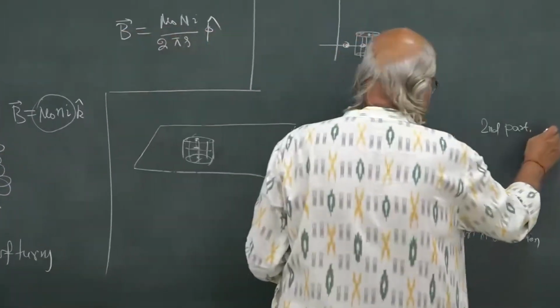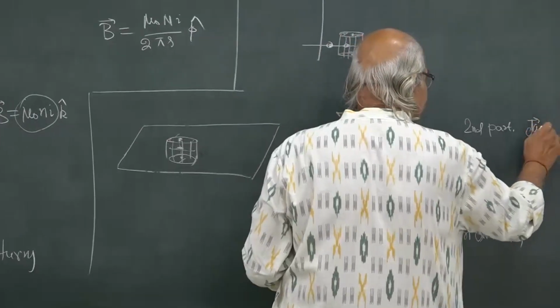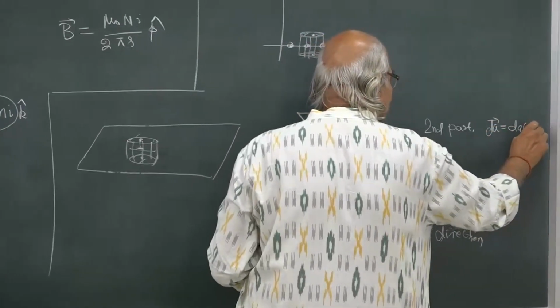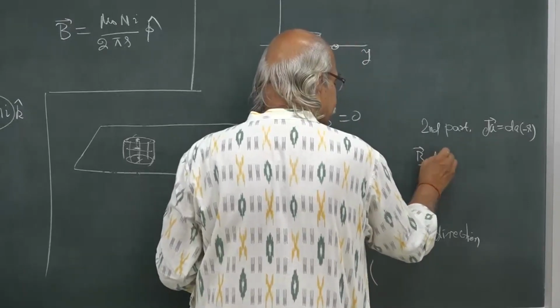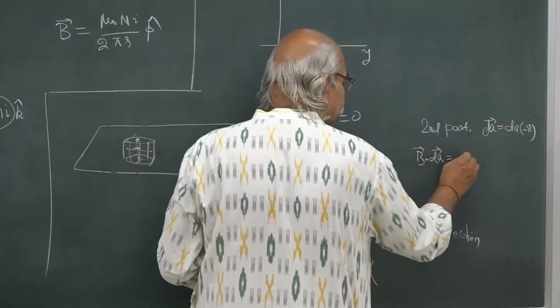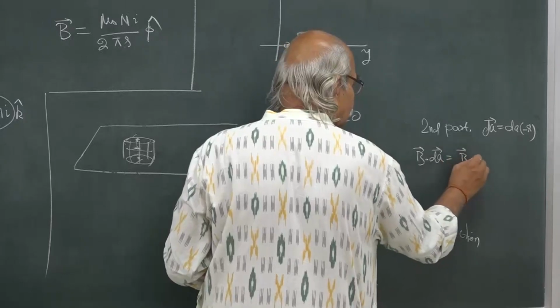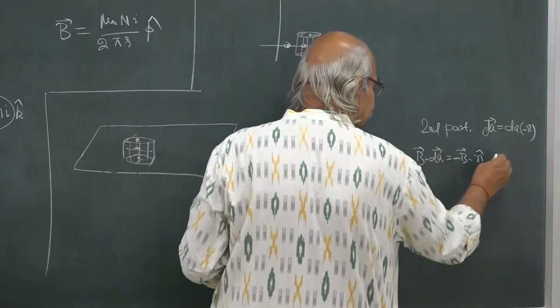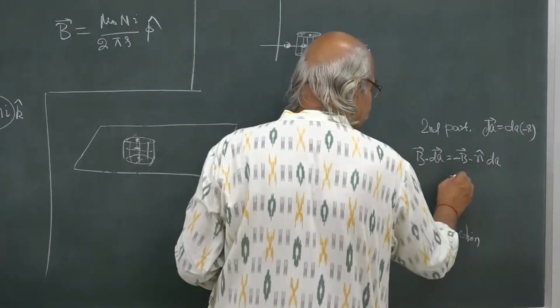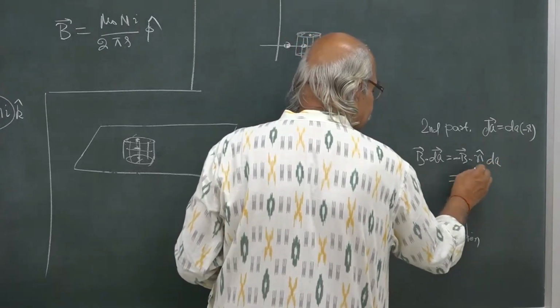Therefore, we will say that this dA vector is dA and minus n cap, and therefore, B dot dA will be B dot minus n cap dA.